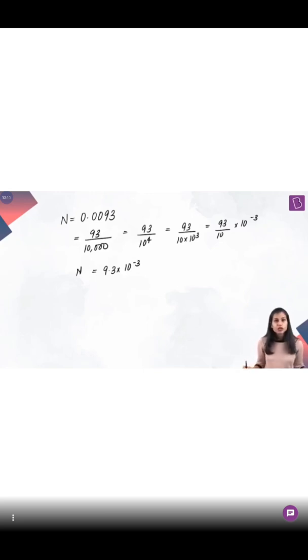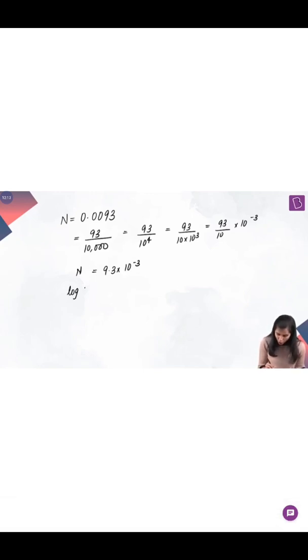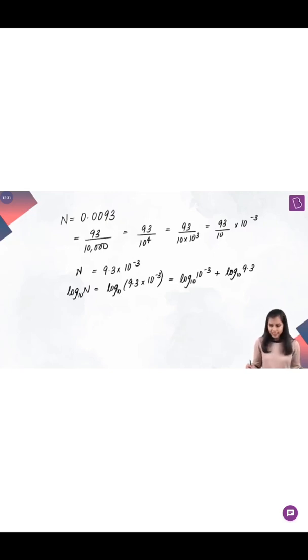This is my n. So if I want to compute its common log value, this will be log of 9.3 into 10 to the power minus 3. I know log of m into n is log m plus log n. So this will become log of 10 to the power minus 3 plus log of 9.3.